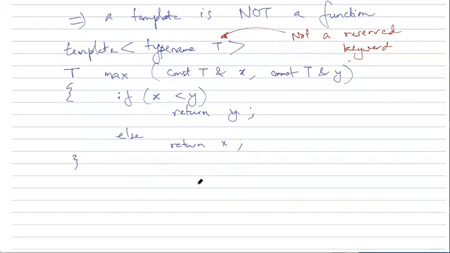So in this case, you can see I have written a template, but this template is not just one function, but a family of functions where this T can be replaced with an int, in which case it's going to serve the interest of int. If it is replaced with a float, it will serve the interest of float, right?